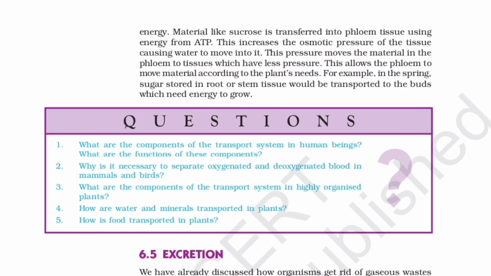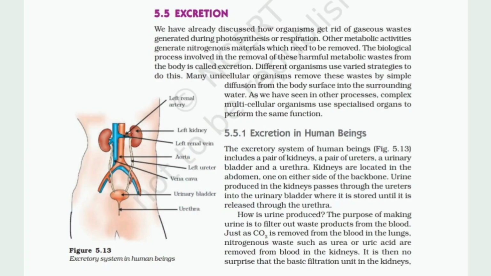Excretion. We have already discussed how organisms get rid of gaseous wastes generated during photosynthesis or respiration. Other metabolic activities generate nitrogenous materials which need to be removed. The biological process involved in the removal of these harmful metabolic wastes from the body is called excretion.